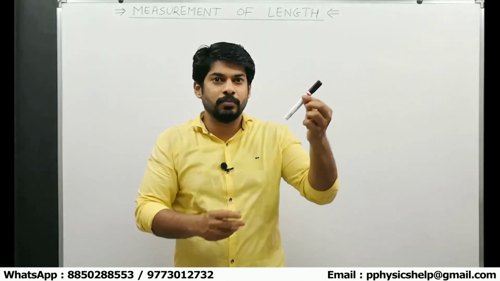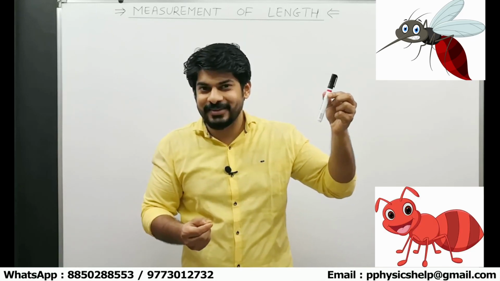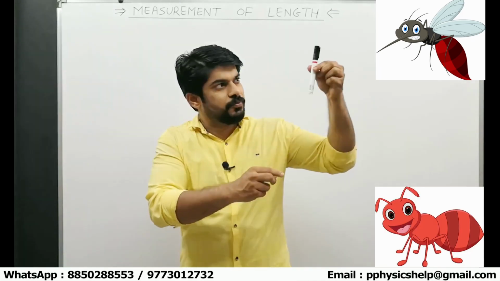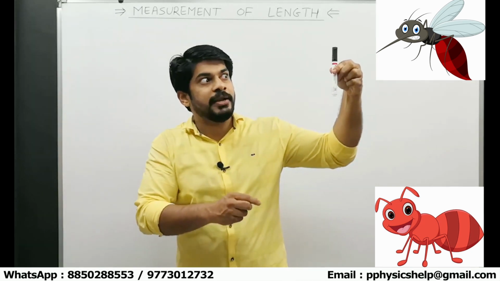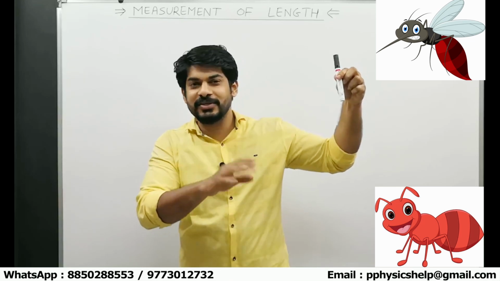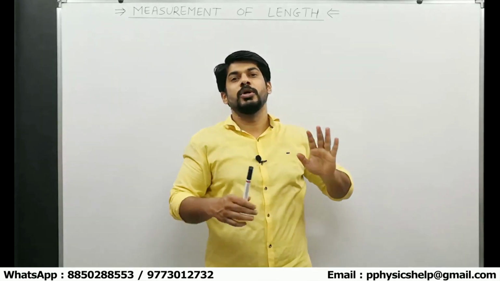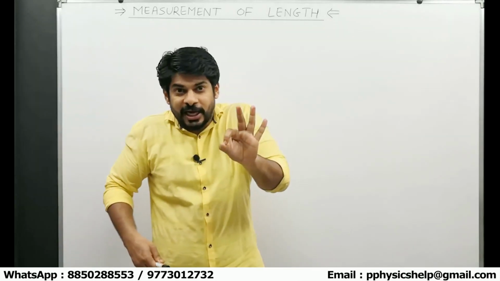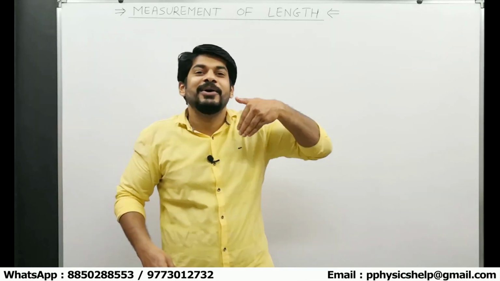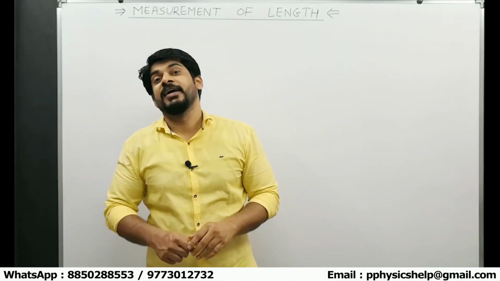But relative to some mosquito or ant, this pen is very big, isn't it? This is very big in comparison to an ant or a mosquito. Just an example, but relative to me, this is small. So in this lecture, the three types I am going to tell you are relative to a normal human being.